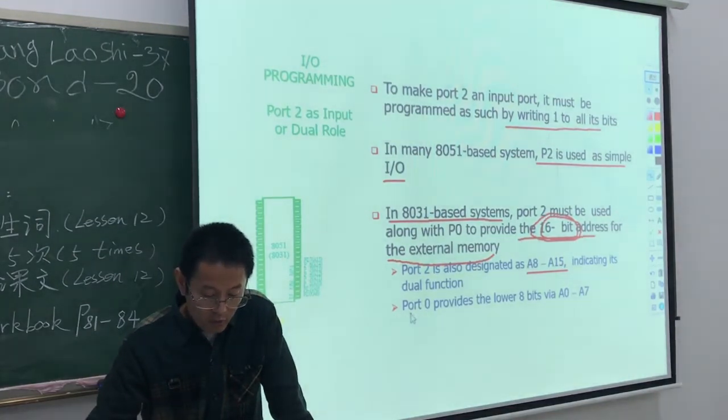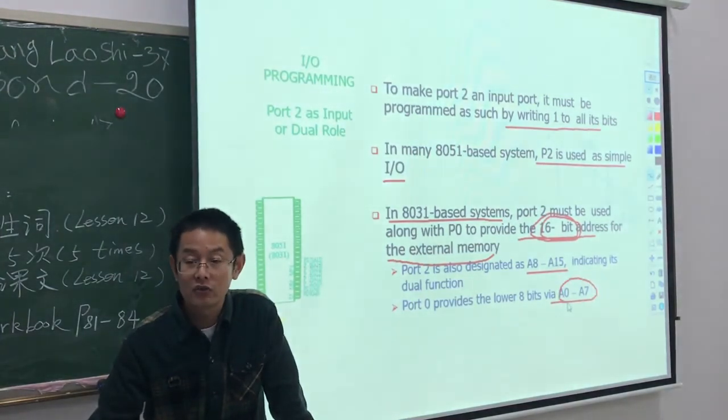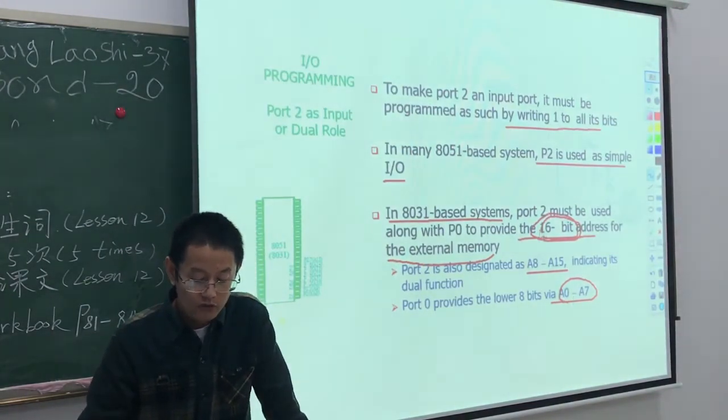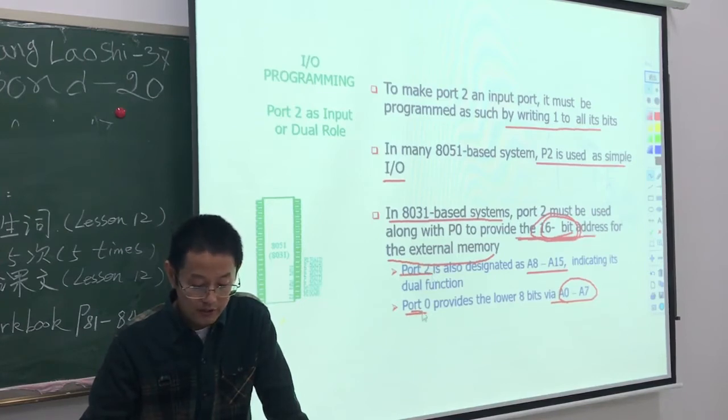Port 0 provides A0 to A7, which means that if you want to use a 16-bit address, you need to use port 0 and port 2 together. Port 0 is address A0 to A7. Port 2 is the address from A8 to A15.